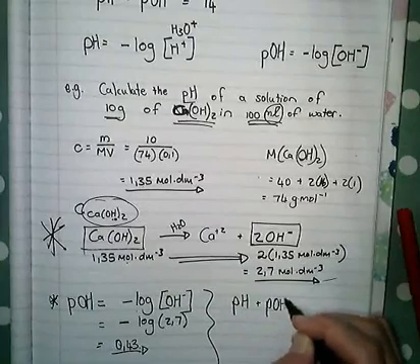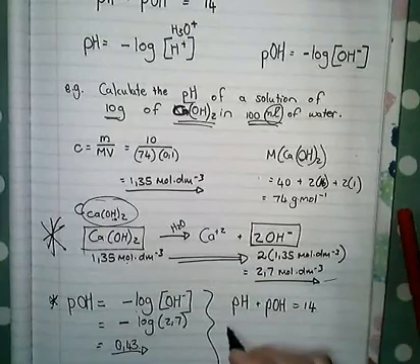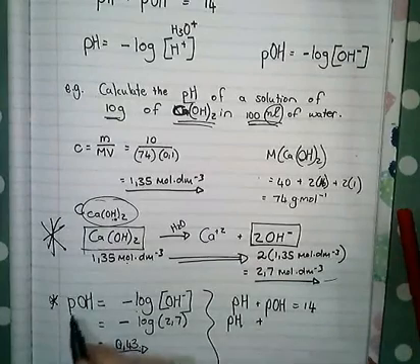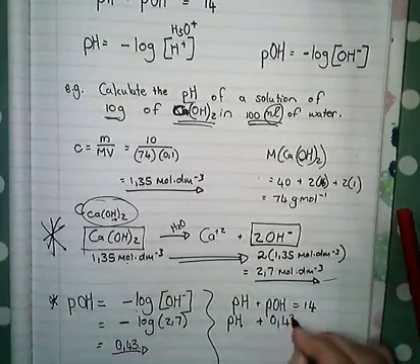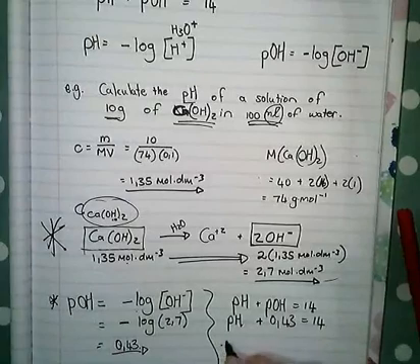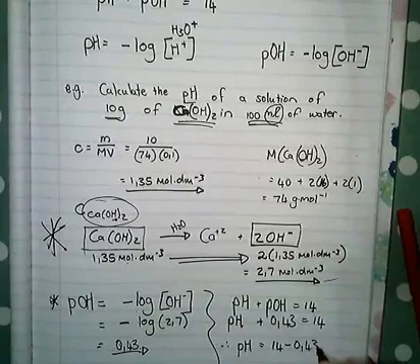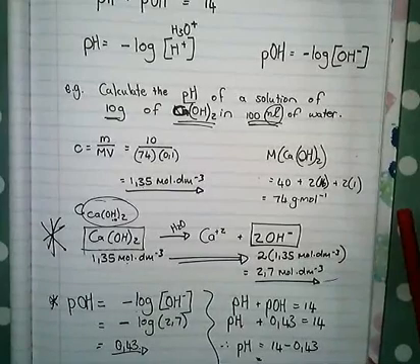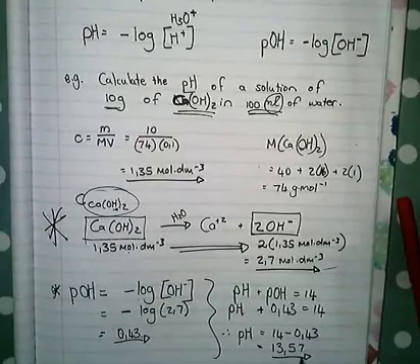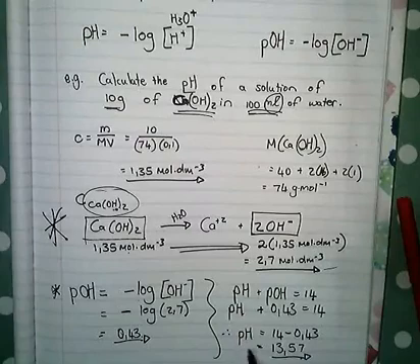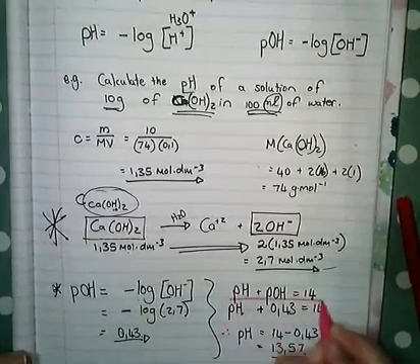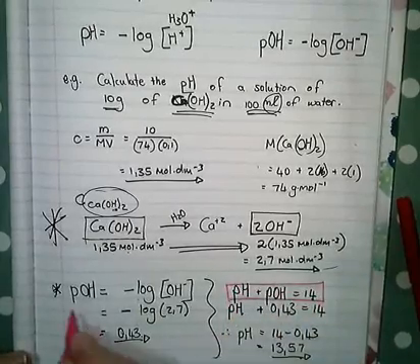What we could also have done, instead of using the fact that pH plus pOH is 14, is go back to the statement that the H3O plus concentration multiplied by the OH concentration, in this case 2.7, is equal to 10 to the power of minus 14.